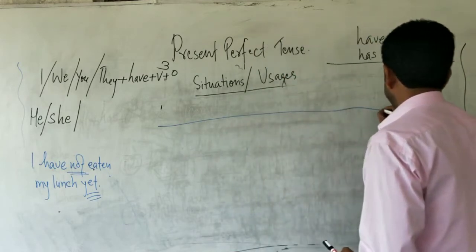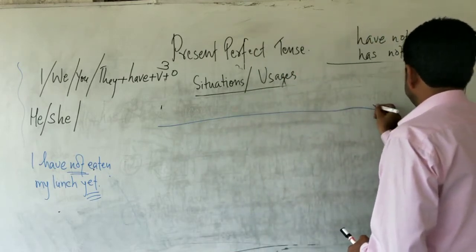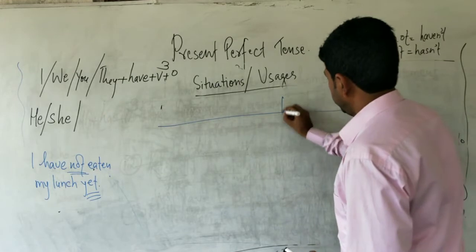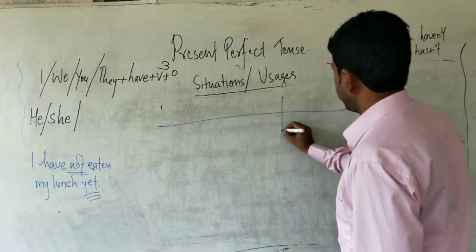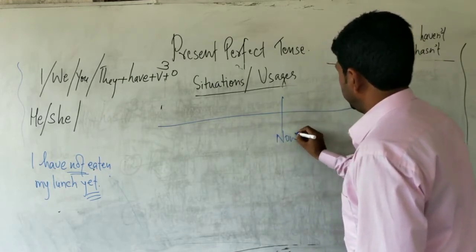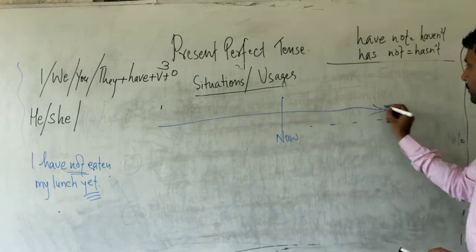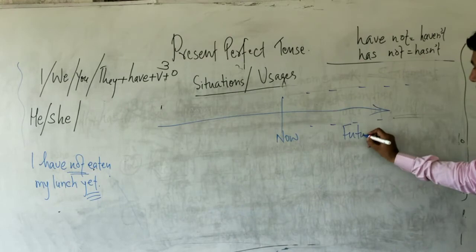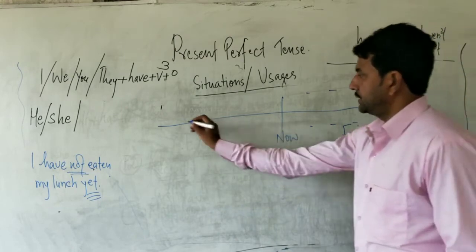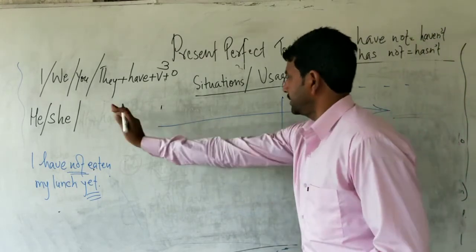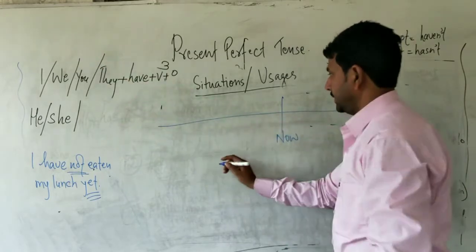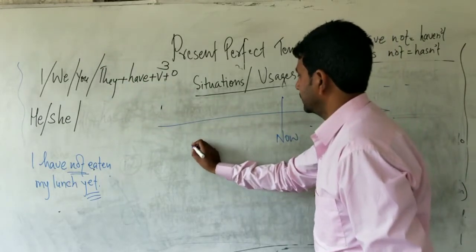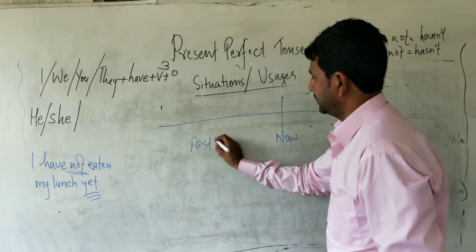This is a timeline, for example. This is now, this is all future, and from here to the left side is past, correct?